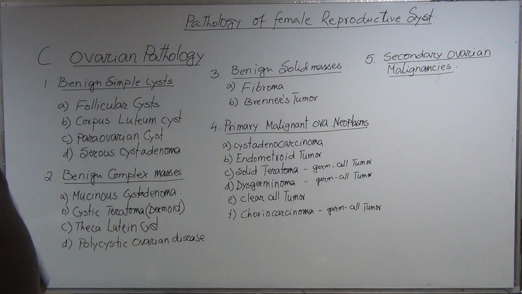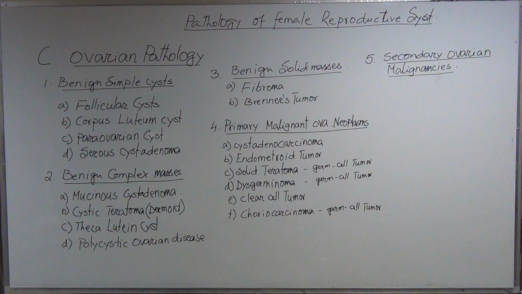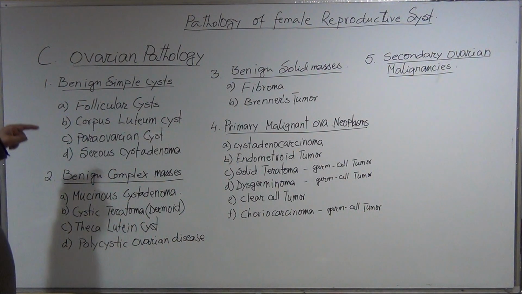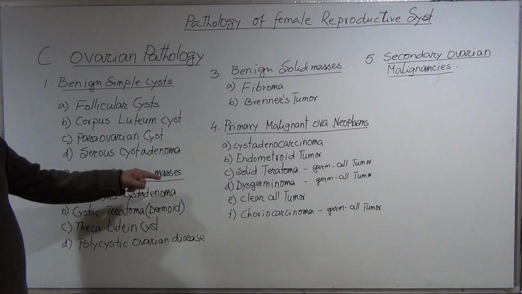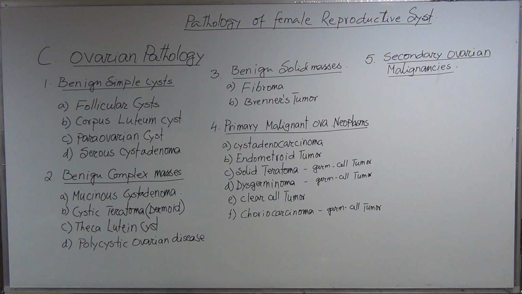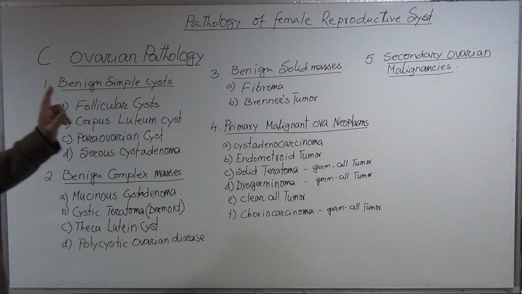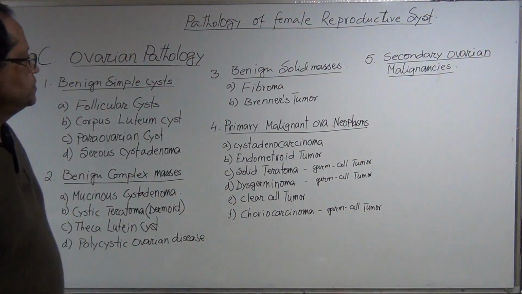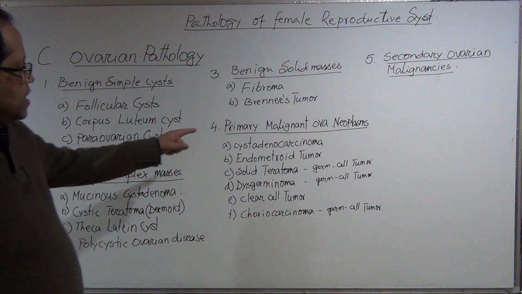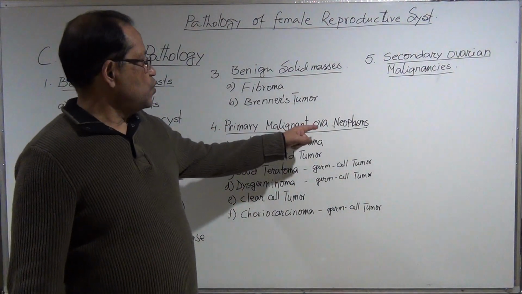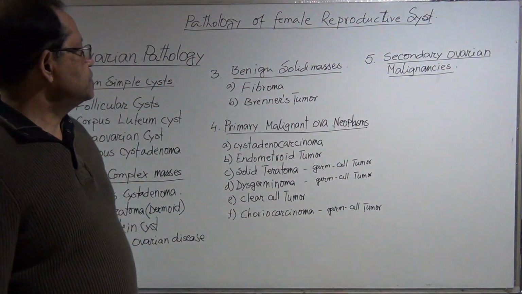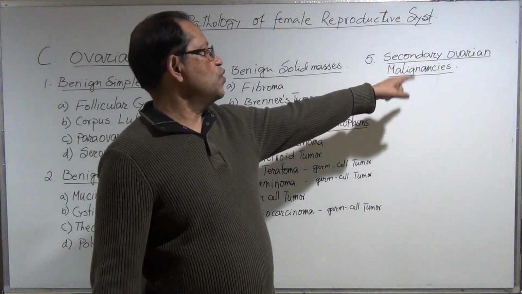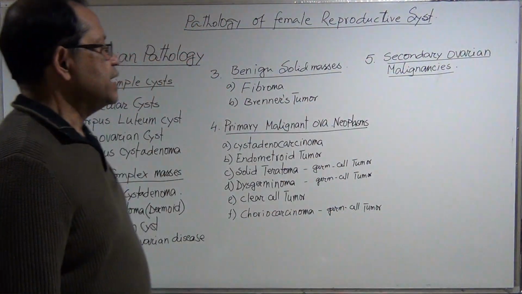Benign simple cyst, benign complex mass, then benign solid masses, primary malignant ovarian neoplasm, and secondary ovarian malignancies.